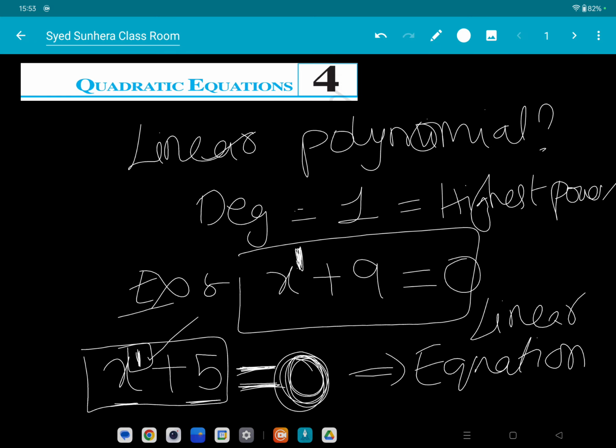Now coming to quadratic equation. What is the general form of a quadratic polynomial? It is ax square plus bx plus c is equal to 0. So this is the quadratic polynomial. How can we say this is a quadratic polynomial?